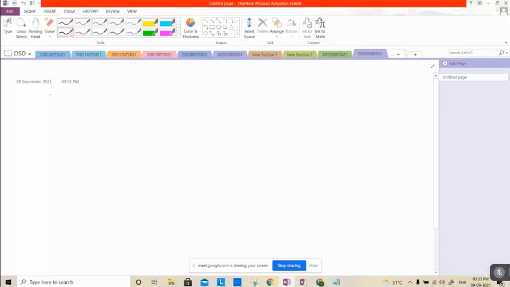Now, yesterday, I was saying that most of the digital systems will have both the data path as well as the control path.